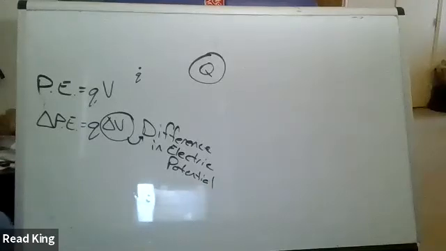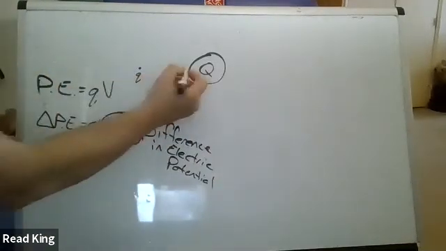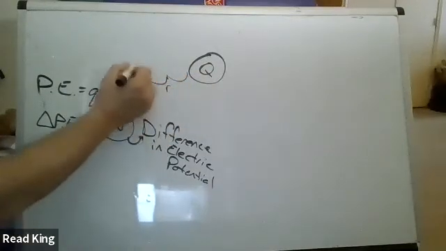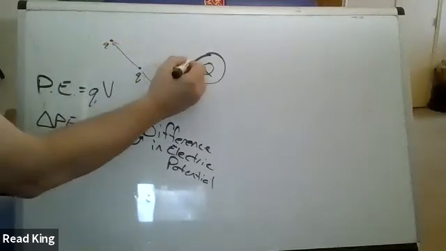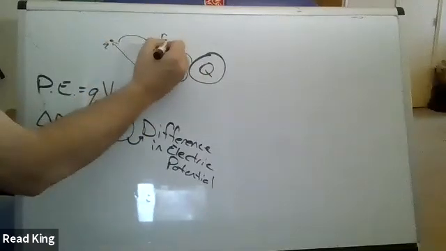Let's work a quick example problem on this one too, just to see how this is going to work in reality. If this is R, and then we move this little charge out here, now we have a new R, R2.